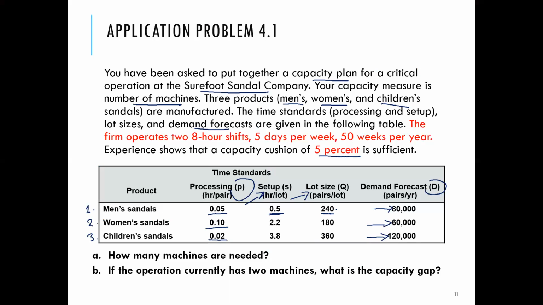We'll make 240, then we'll make some other product, then we'll again make 240, then some other product.